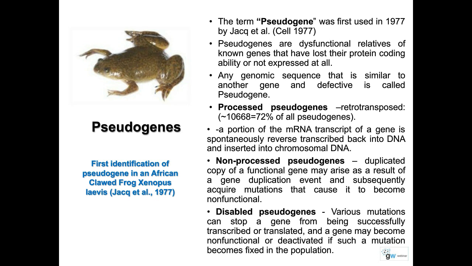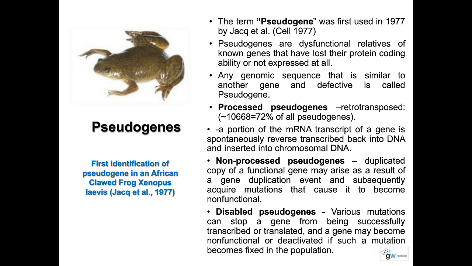The next category is the non-processed pseudogene. Here there is no transcription, but a segment of the genome is duplicated. That occurs since our human genome is a highly dynamic structure and undergoes several changes during evolution. A section of the human genome is duplicated and copied, and it gets inserted into a different location in the genome.